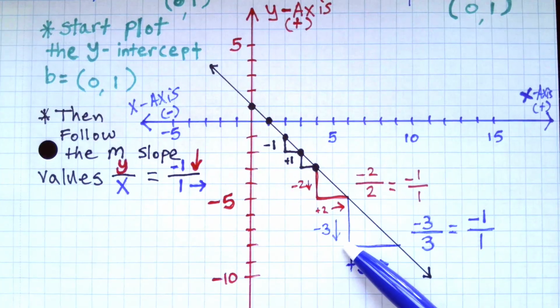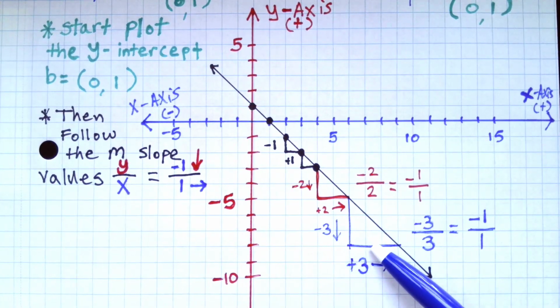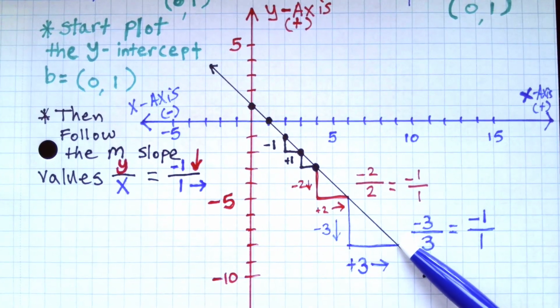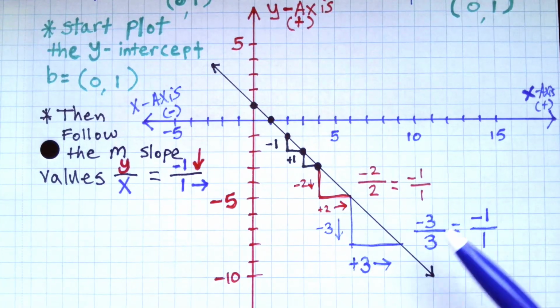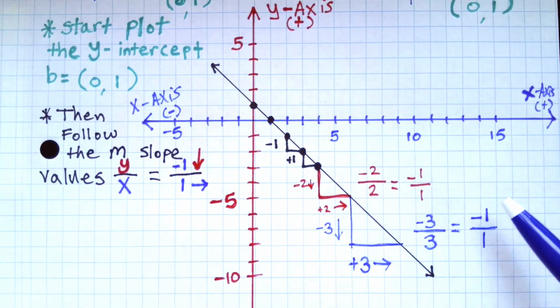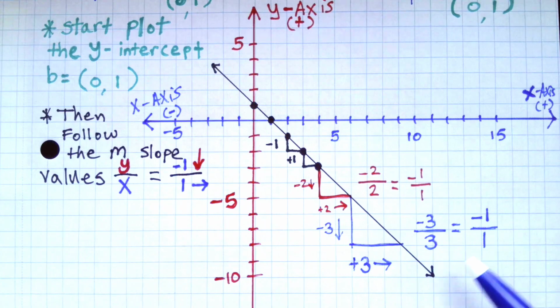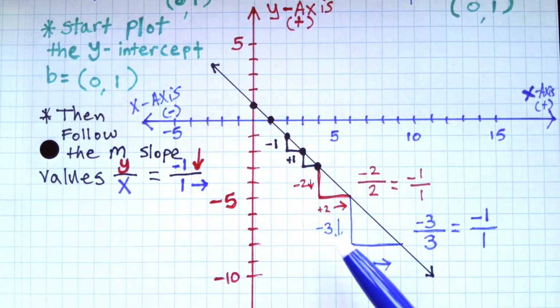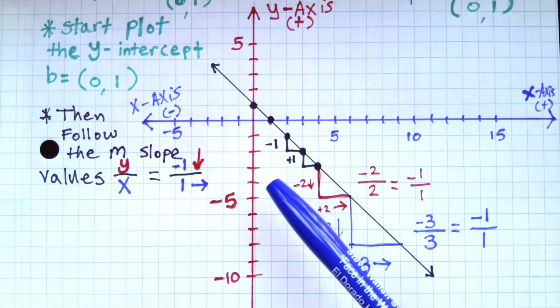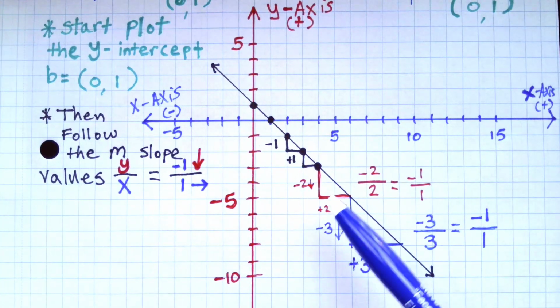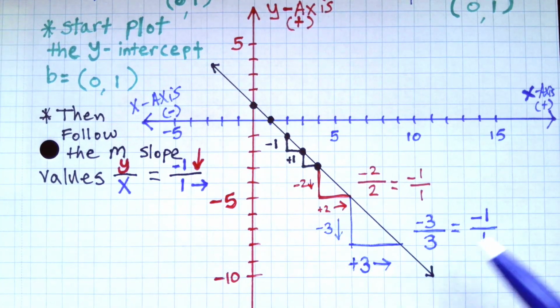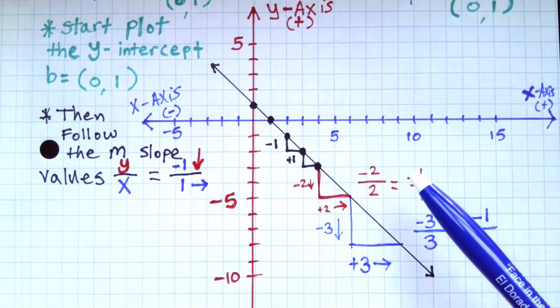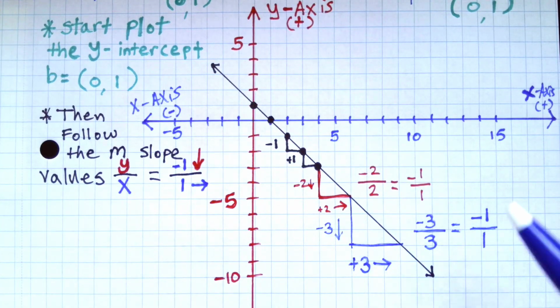So I drop down 3 negative, and I go over on the x positive 3, I have negative 3 over 3. Doesn't that reduce down to negative 1 over 1? So you can see these three slopes, negative 1 over 1, negative 2 over 2, and negative 3 over 3, are all equivalent to our negative 1 over 1 slope.